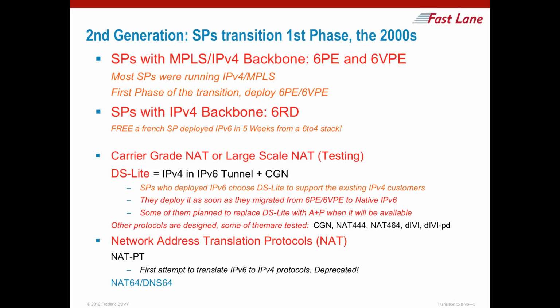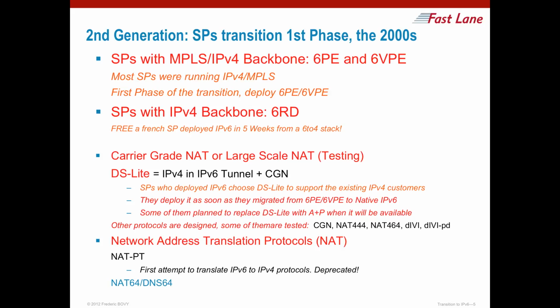So it was not possible to tell a customer who was just starting an MPLS IPv4 backbone, Mr. Customer, let's forget about your brand new backbone because the future is IPv6, and now you must buy and redesign your network to make IPv6 instead of MPLS.